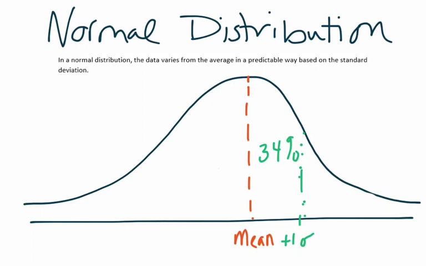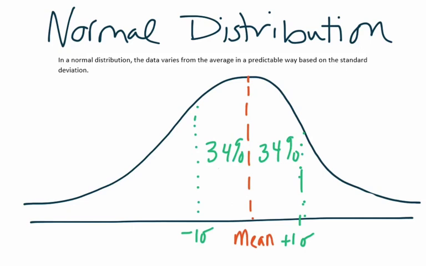And because this is a perfectly symmetrical curve, which now really doesn't look symmetrical, another 34% would be between the 85 and the 100. And we would say 68% of the population, so that's most people, have an IQ somewhere between 85 and 115, or 1 standard deviation below or 1 standard deviation above.